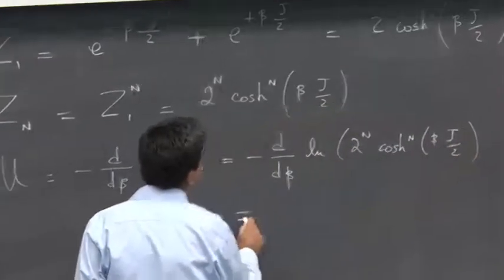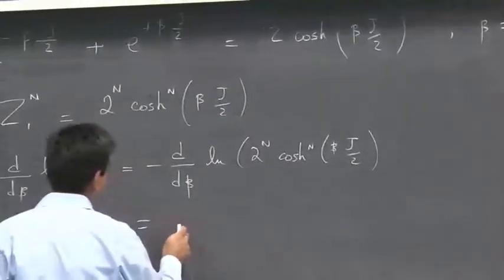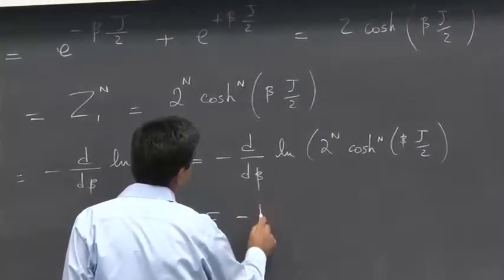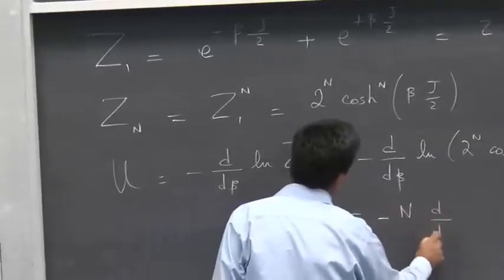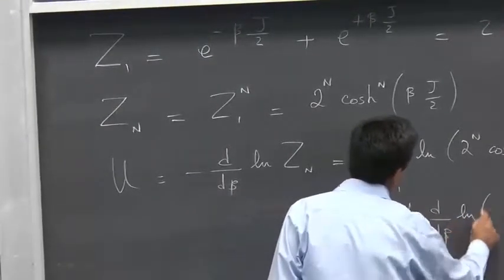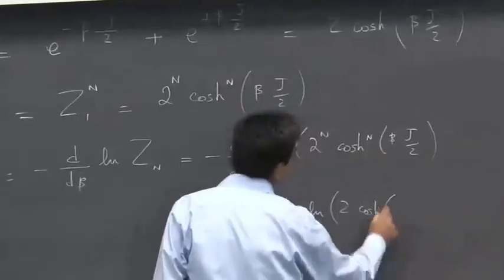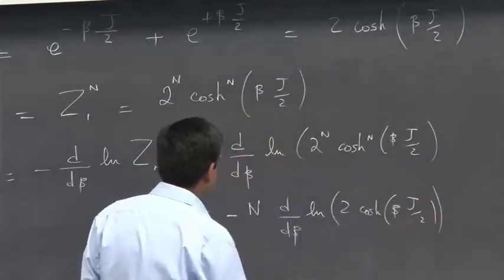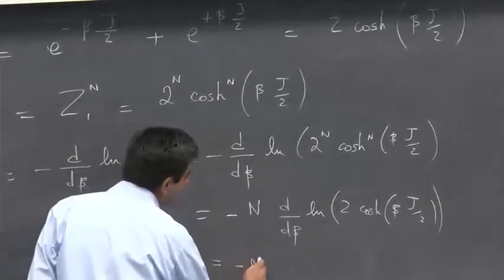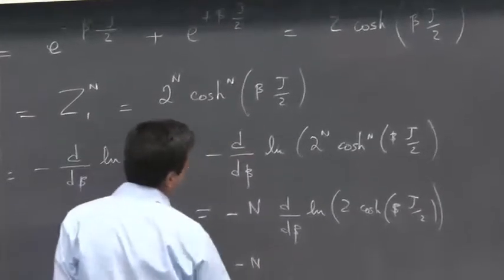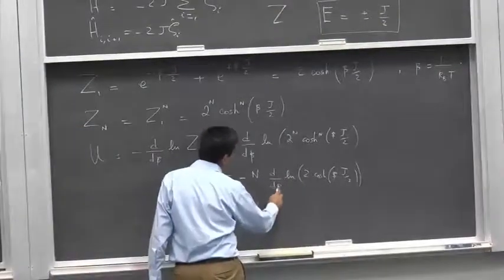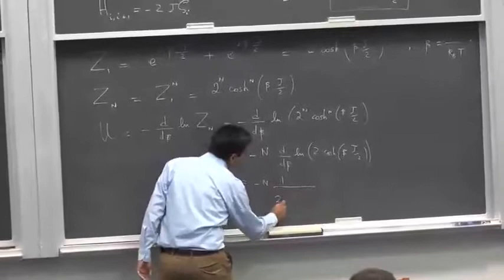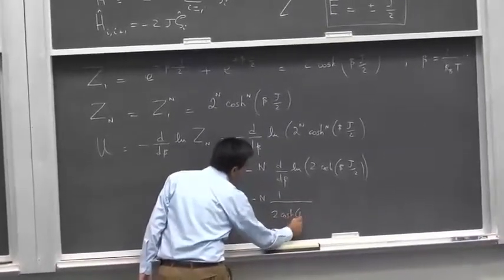This is minus n d by d beta of natural log of 2 cosine of bj by 2.